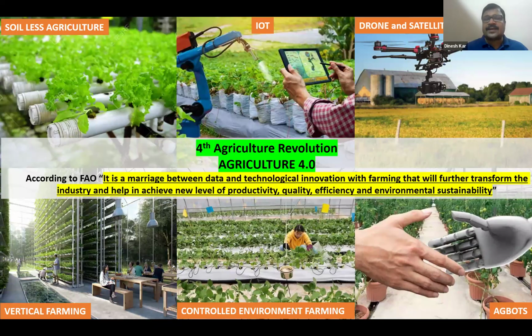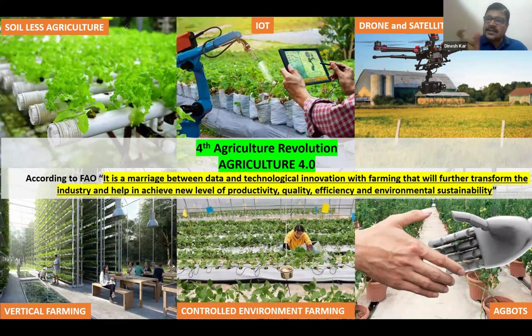Now, the current trend is the fourth agriculture revolution, where we are all going towards agriculture 4.0. It is also called the digital agriculture revolution. The Food and Agriculture Organization has defined agriculture 4.0 as a marriage between data and technological innovation with farming.